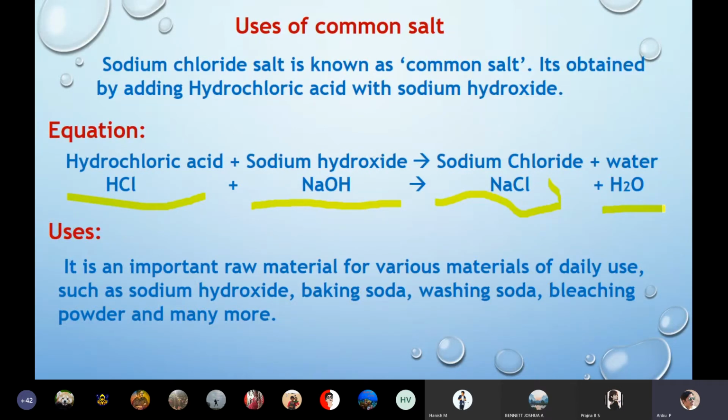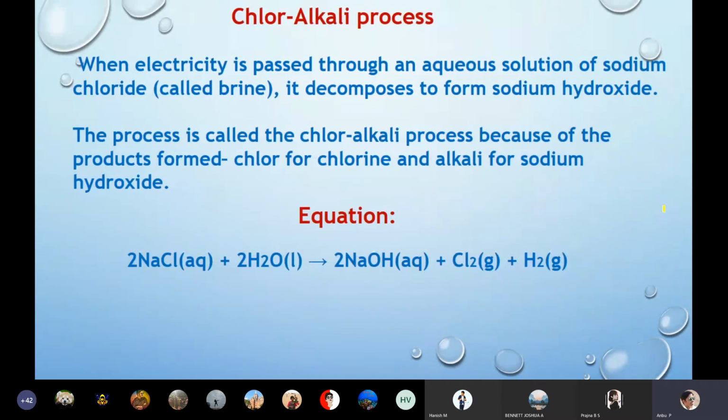In industry, they carry out a simple process called the chlor-alkali process. They break down the sodium chloride salt to obtain various components like sodium hydroxide, chlorine gas, and hydrogen gas.